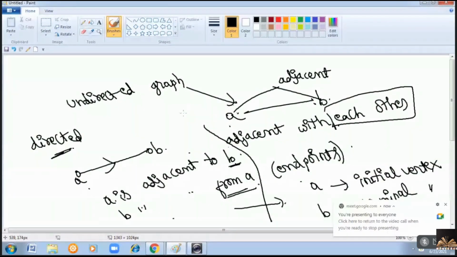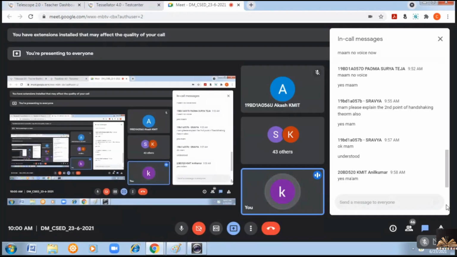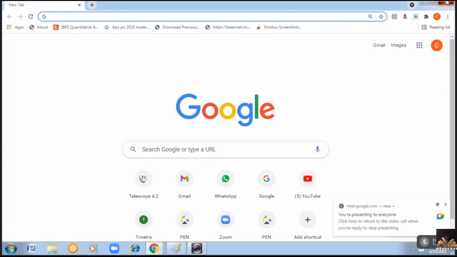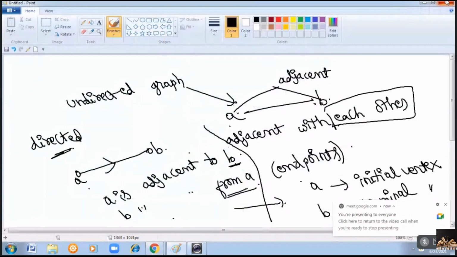Now we'll see how to find the degree of a vertex in case of a directed graph. We have seen how to find the degree of a vertex in case of an undirected graph.